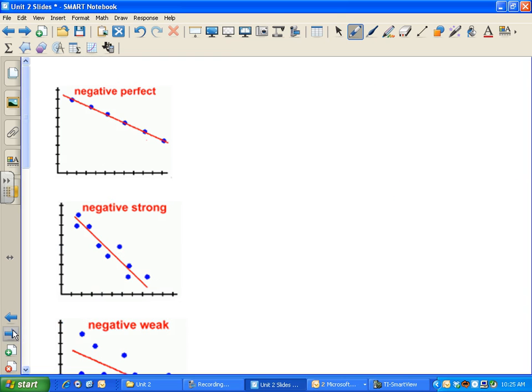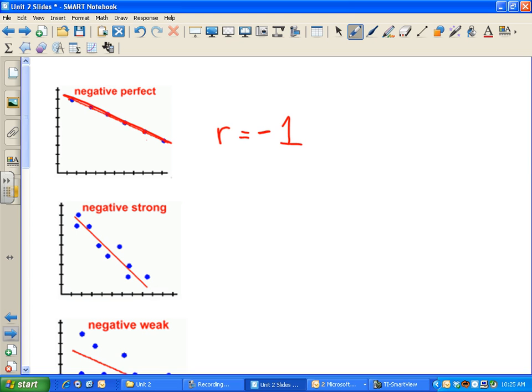So just to help you understand what correlation is measuring, here are some visuals. If dots perfectly lie on a line, it gets a correlation, remember that's r, of 1. Now, because this is going in a negative direction, we'll call that a -1.